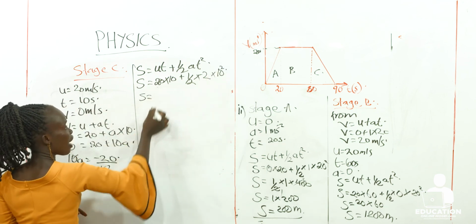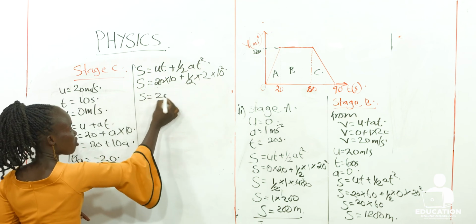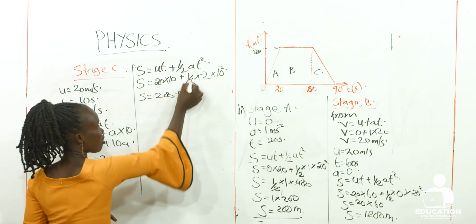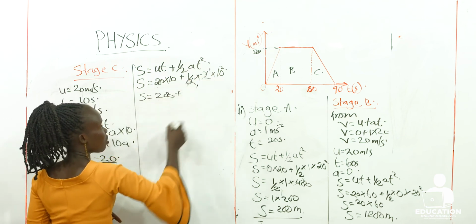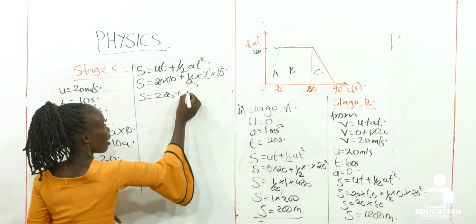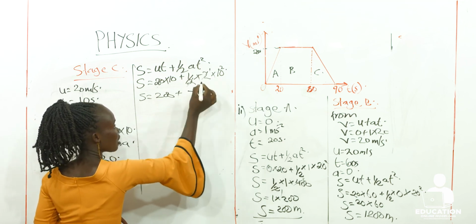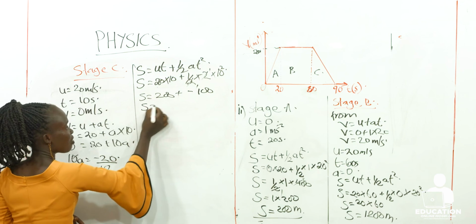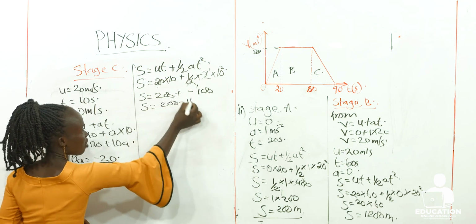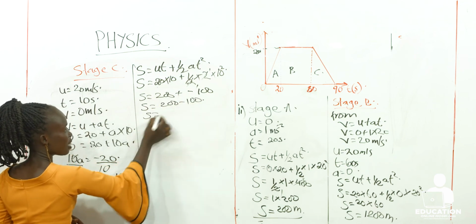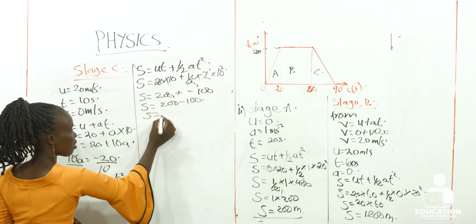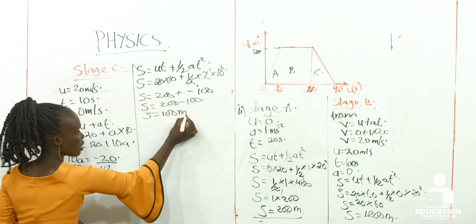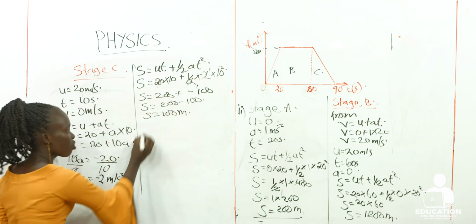When you multiply this, 20 times 10, you get 200, plus this 2 shall cancel with that. So we shall have that one as negative 100. So you'll get s equals 200 minus 100. Our distance covered when the body was decelerating was 100 meters.